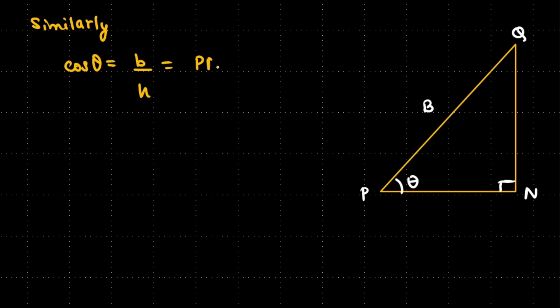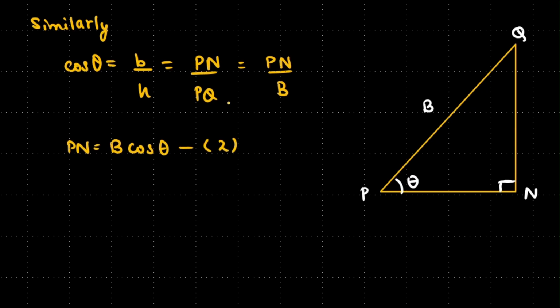So Pn divided by the hypotenuse, the longest side, which is PQ, which means Pn by B, since PQ is just B. So again, Pn turns out to be B cos theta, and this will be our equation number 2. I think this is pretty clear right now.